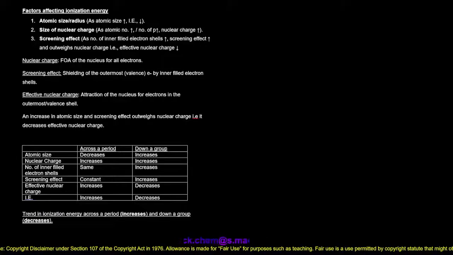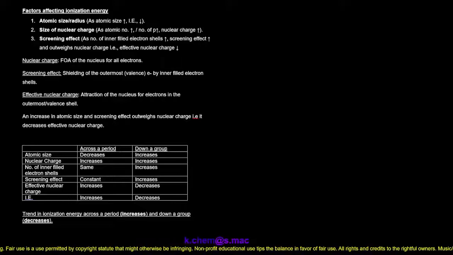We would therefore say that on going down a group, as the atomic size and the number of inner-filled electron shells increase, the attraction of the nucleus for the electrons in the outer shell will decrease, such that it takes less energy to remove these electrons from the outer or valence shell. Hence, first ionization energy is expected to decrease.